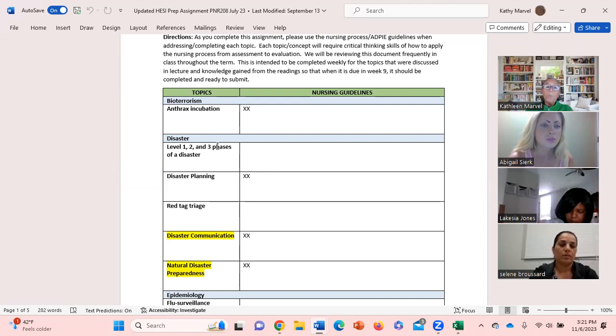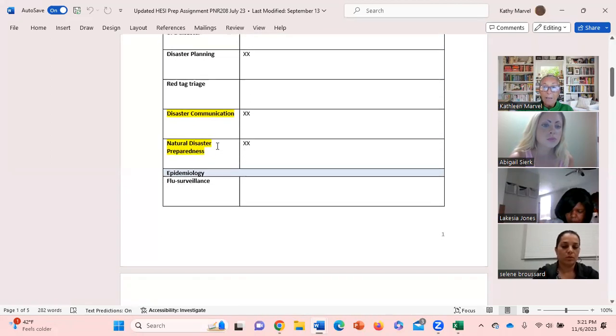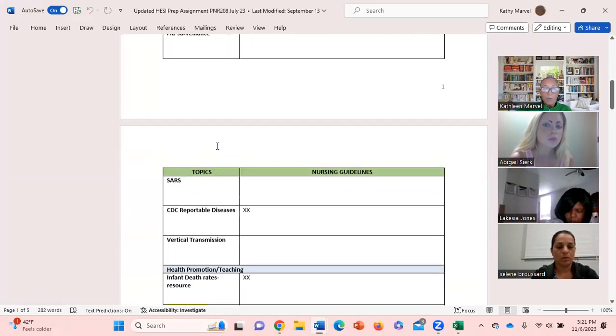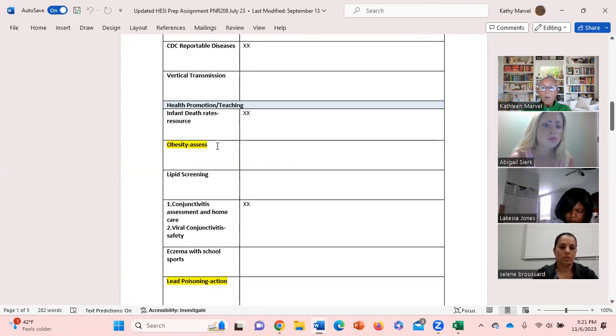The purpose of this is for you to be trying to complete it every week or every 2 weeks on what we have covered. And again, specific boxes may not be covered, but the concept. So the concept of health promotion and teaching, we started that today. All these questions under health promotion and teaching fall under that concept.